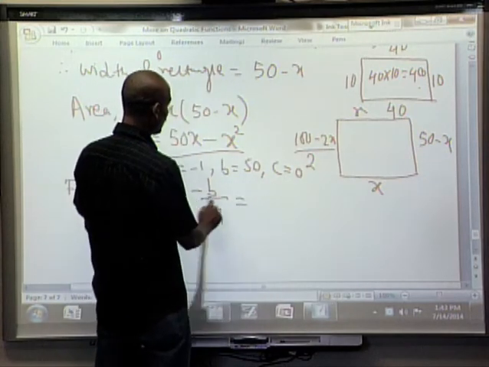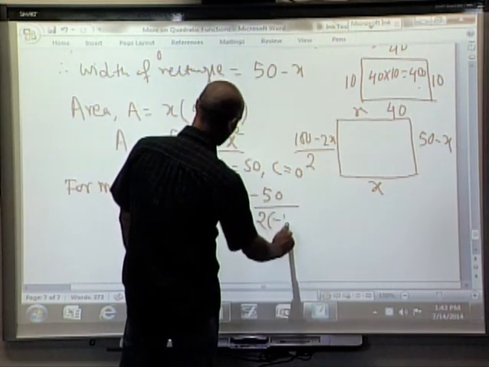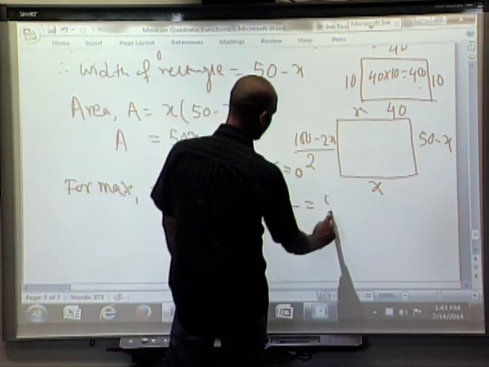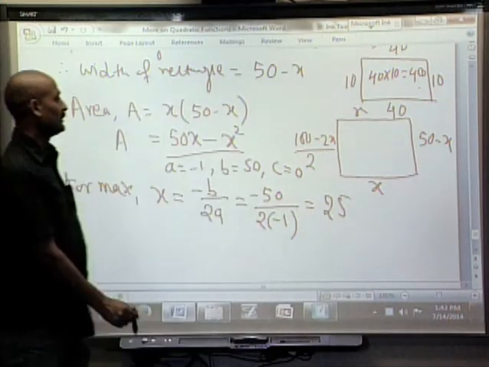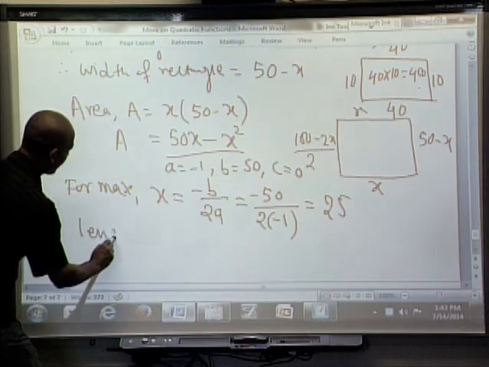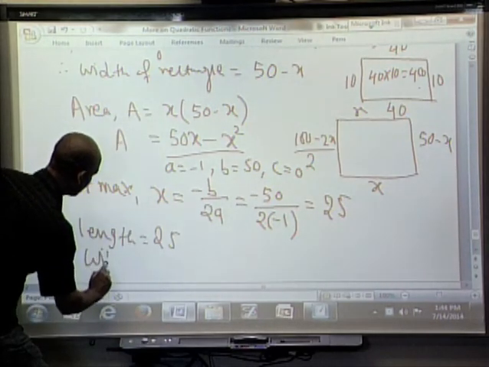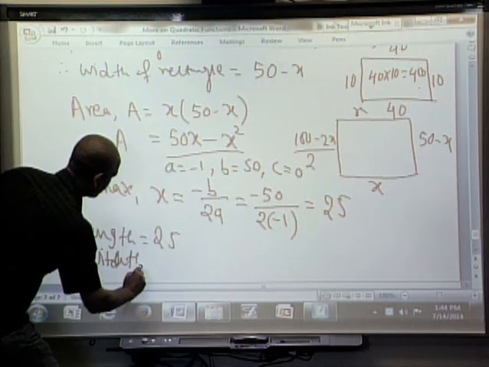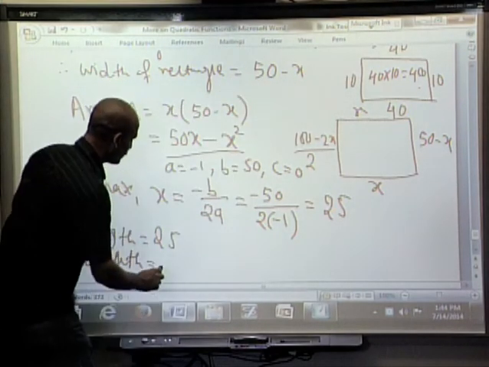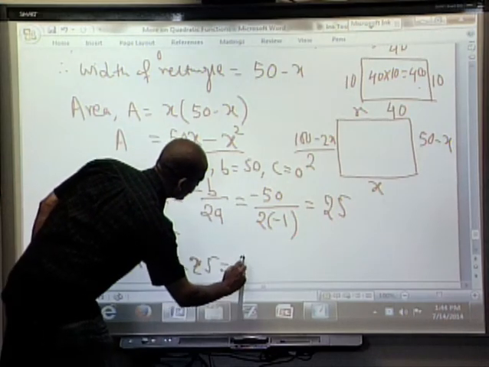If I use this formula, negative 50 divided by 2 times negative 1, I get 25. So, x should be 25, that means the length is 25, and the width is 50 minus x, 50 minus 25, which is also 25.